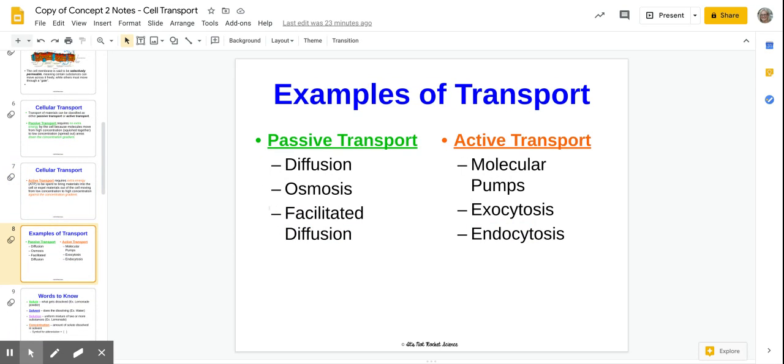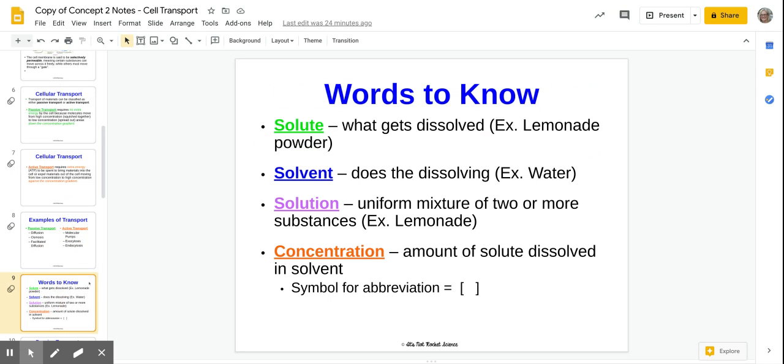To give some examples, there are three types of passive transportation. We'll probably deal with diffusion and facilitated diffusion today and get into osmosis and then the active transports tomorrow. In active transport, you've got molecular pumps, exocytosis, and endocytosis.